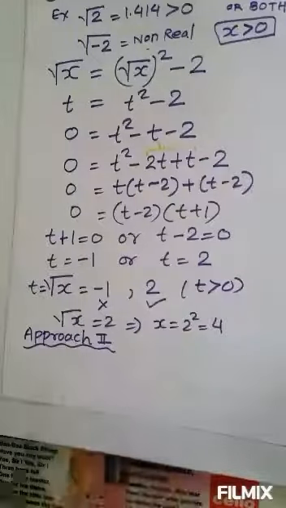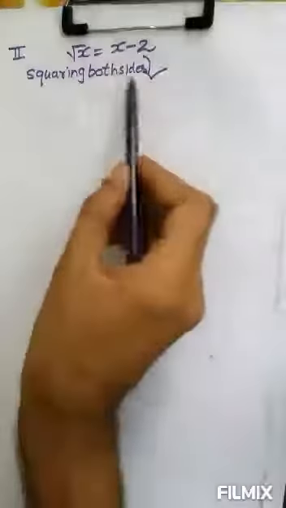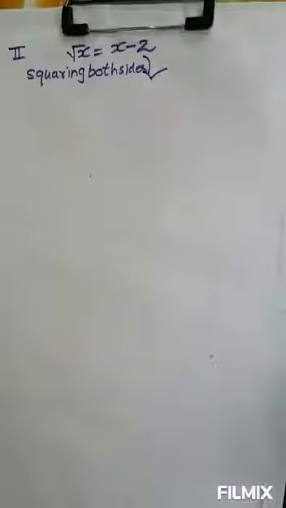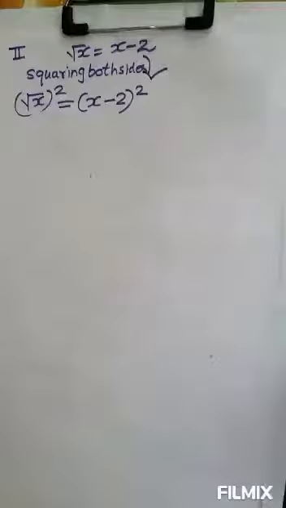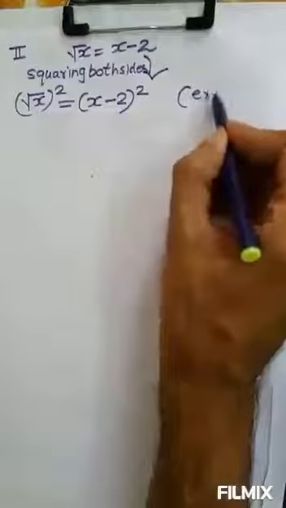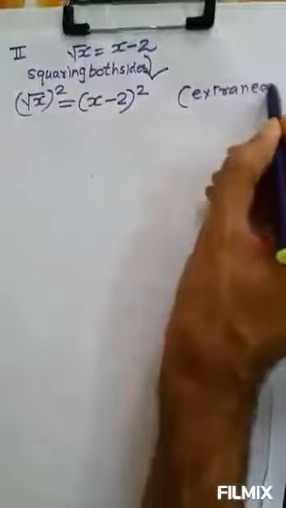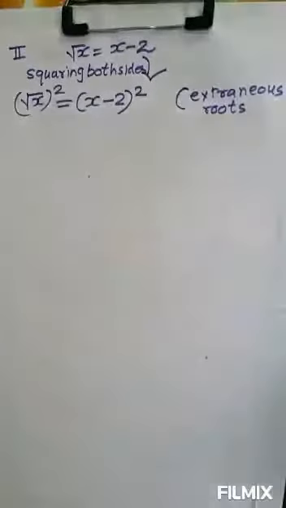Now let's see our second approach. What can be our second approach? Yes, the second approach is squaring both sides. Squaring both sides should be done with caution, because it leads to extraneous roots. Extraneous roots are those values of x that we get after solving, which are not the actual solutions.